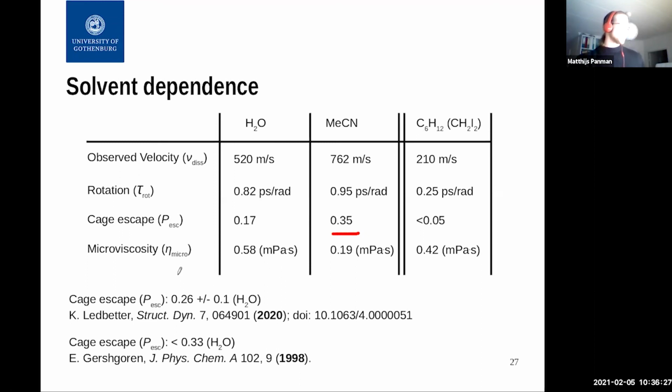And to compare with the liquid ultrafast electron diffraction, they found a cage escape of 0.26 plus or minus 0.1, with a 10% error bar, and that in water, so that corresponds reasonably well, which is good. And also the cage escape from spectroscopic studies is within this ballpark. So that all adds up fairly well.